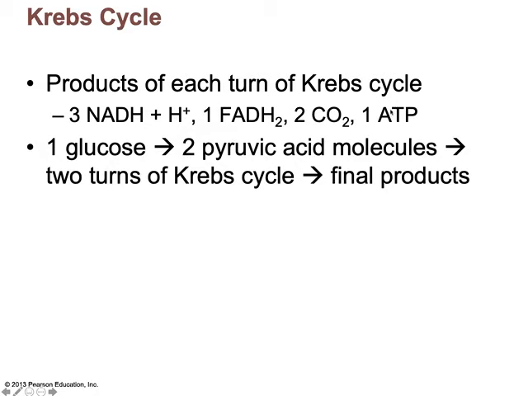And then we turn the cycle twice because we're getting 2 pyruvates to go in, and that gives us a total of 24, okay? And then you have to remember that we generated 2 NADHs in glycolysis, okay? So that's another 6, so that's 30, right? And then we generated 2 ATP directly in glycolysis, so that's 32, okay?